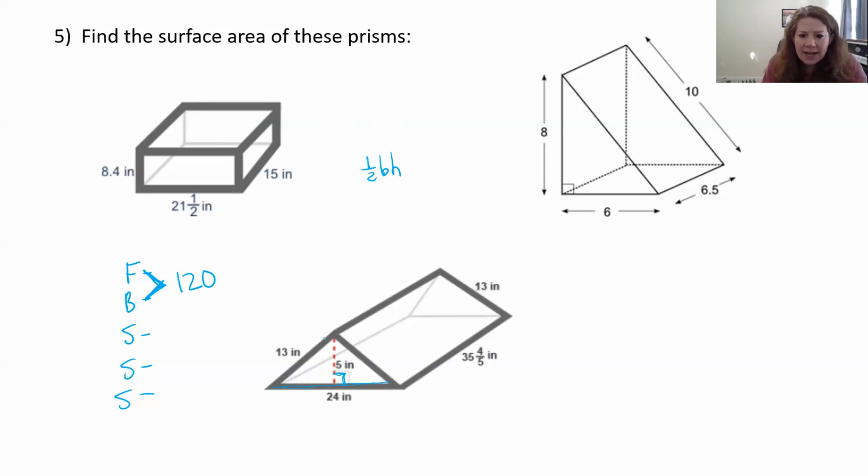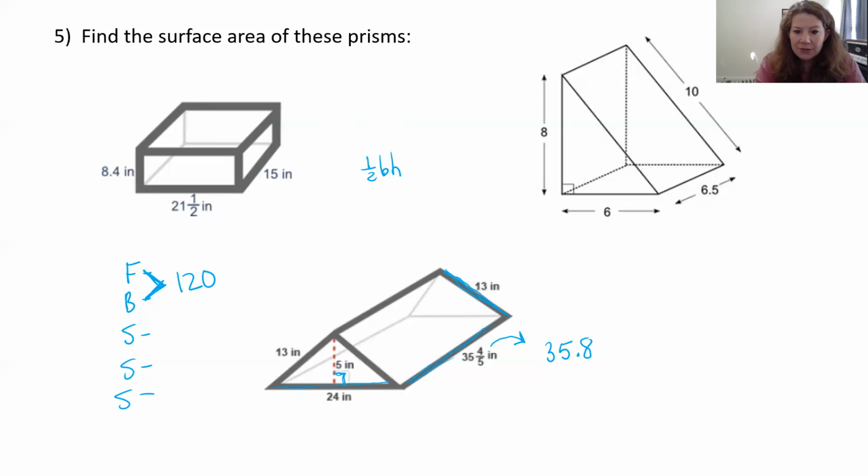All right, now I have three sides. I'm going to look at this side right here. First thing I'm going to do in my calculator is figure out what 4 divided by 5 is, and I know it's 0.8. So I'm going to use 35.8 for this length here. And I want to know how tall this rectangle is. Well, this rectangle is 13 inches tall.